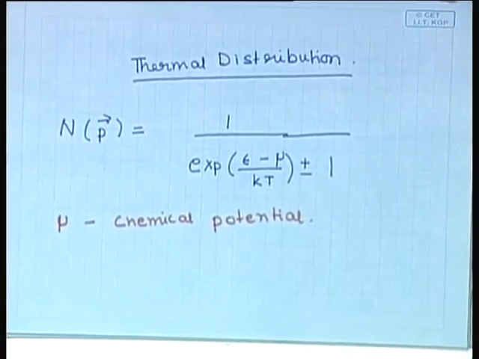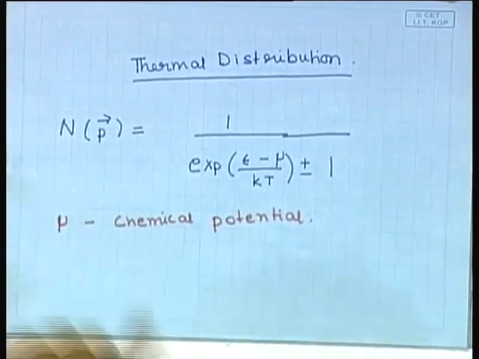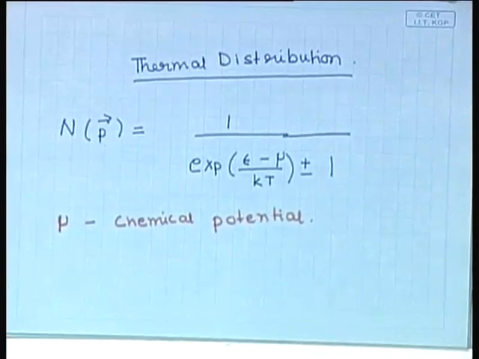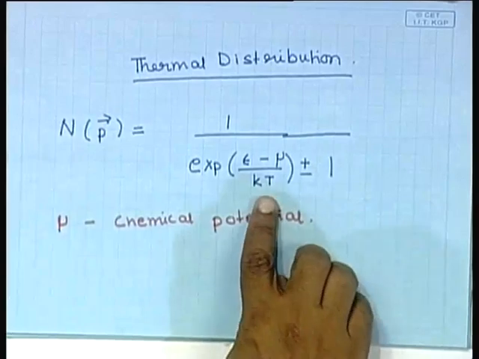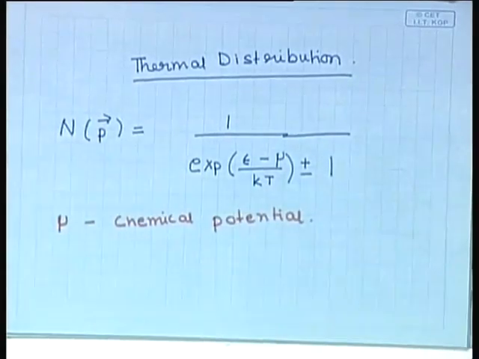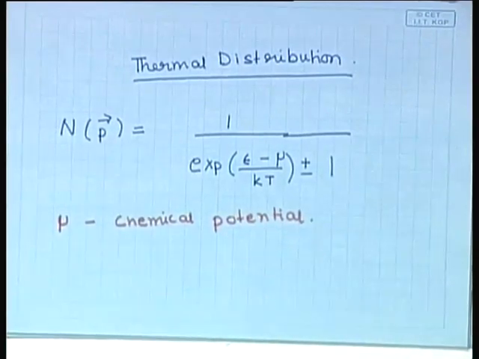It is a constant that comes about because the number of particles is conserved. Okay. So, if you want to have a certain number of particles at t equal to 0, then that is incorporated through this chemical potential. Chemical potential is an arbitrary constant that is allowed in this distribution.